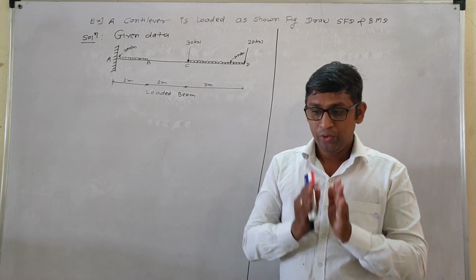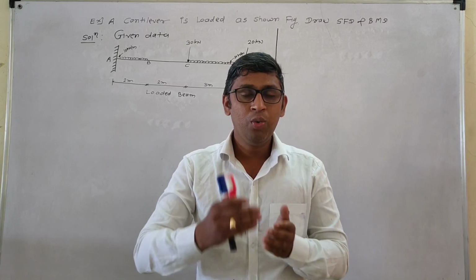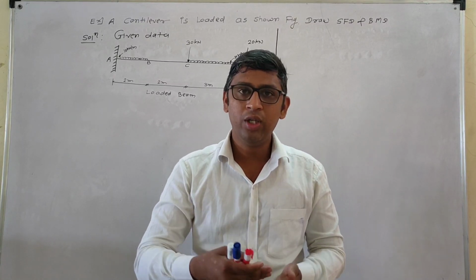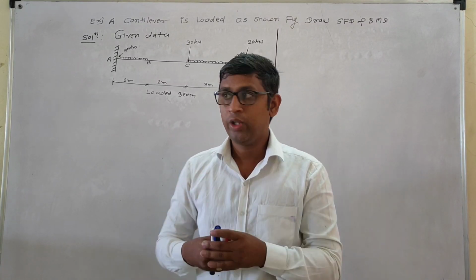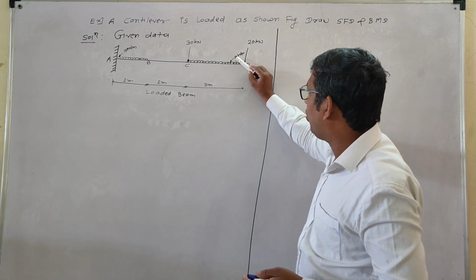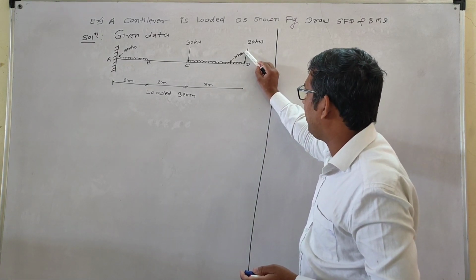And all of you know the concept of how to convert the UDL into the point load. How? The UDL is 20 kilonewton per meter.